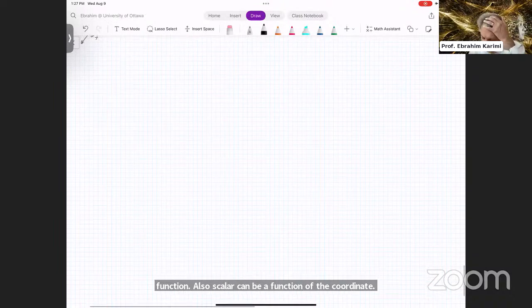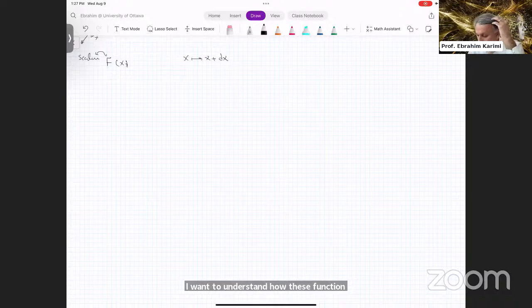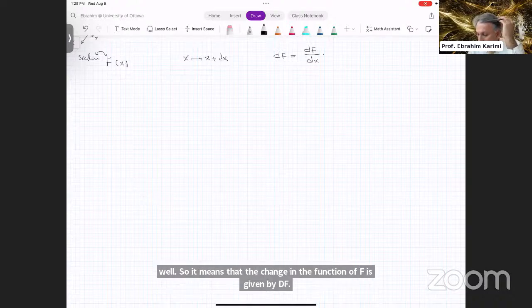Assume that you have a function f, which is a scalar function of x, and you want to look at what is happening when x is changed to x plus dx. I want to understand how this function is changed as well. So it means that the change in the function f is given by df/dx multiplied by dx.